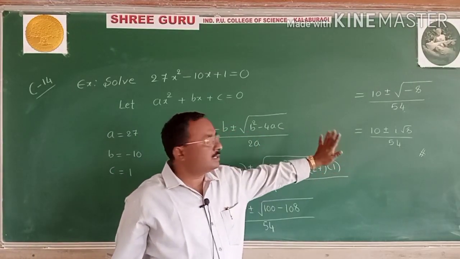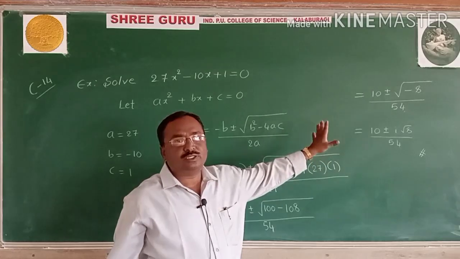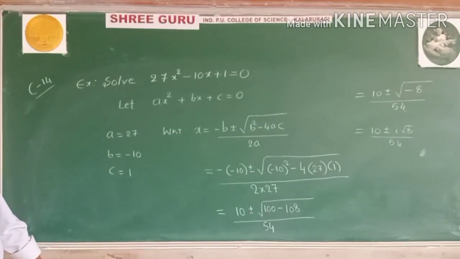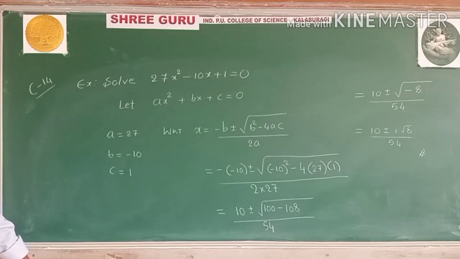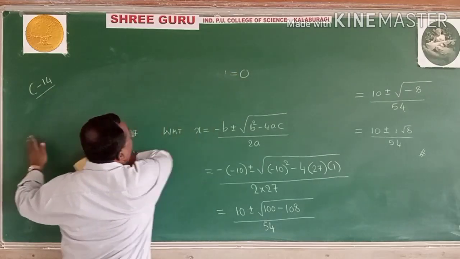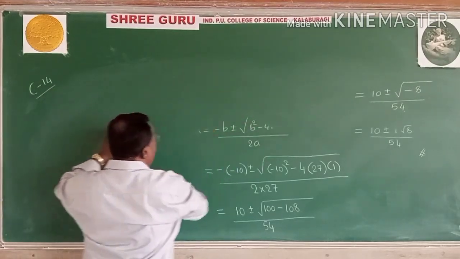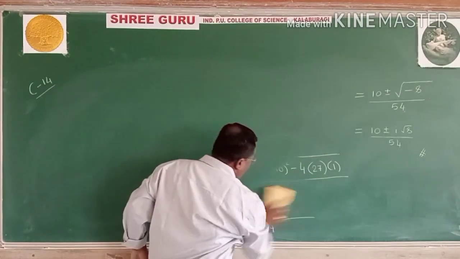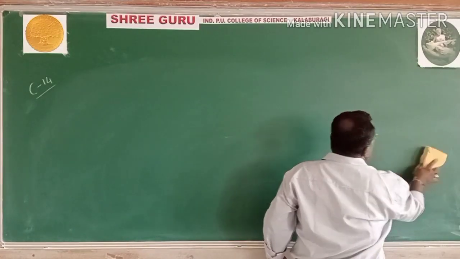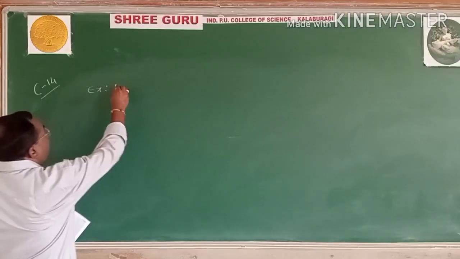If you are interested, this is the complete solution for the two values. Next, that is a quadratic equation for a complete solve. Then next, for the sum.